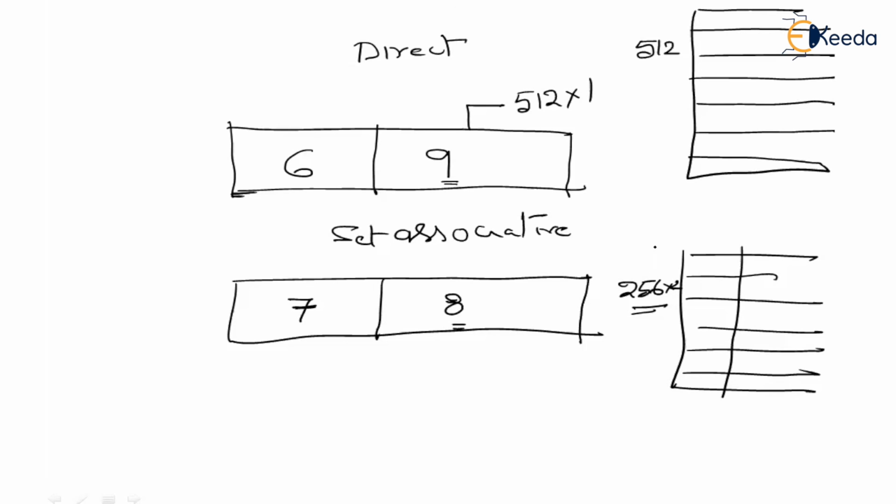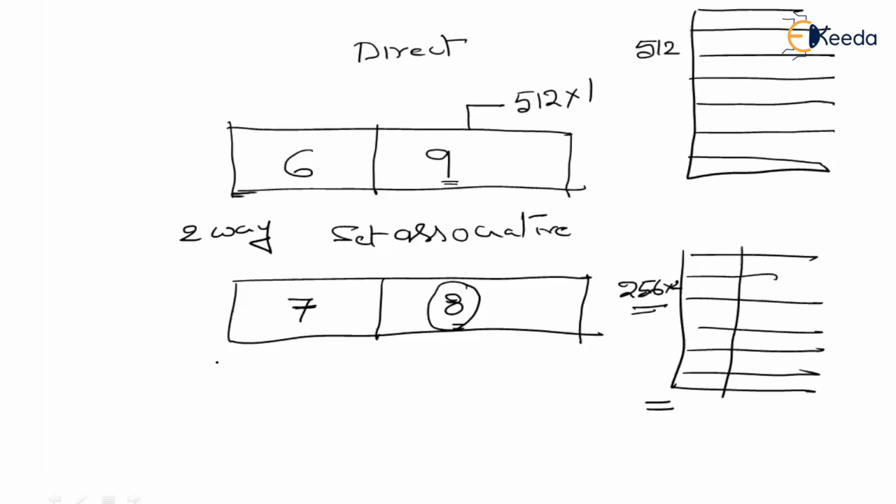As the number of lines or sets gets reduced, the index part is equal to index minus 1, and tag is equal to tag plus 1, because the index part represents the total number of lines or sets within the cache. So that is equal to 8 here, and this is 7 here. Index is equal to index minus 1, tag is equal to tag plus 1. This is two-way set associative mapping.